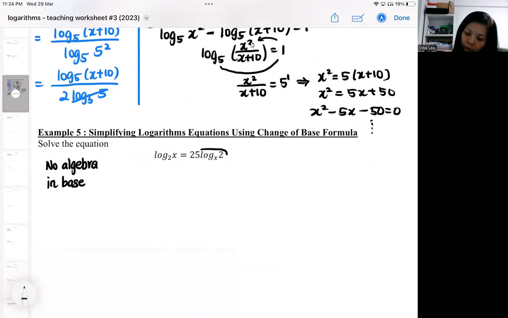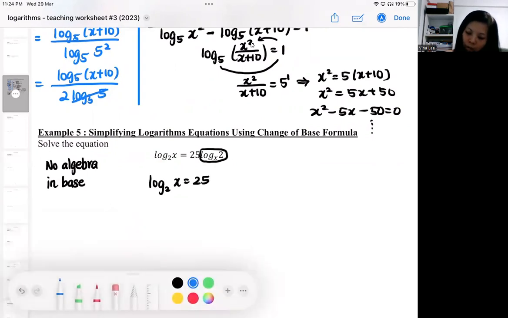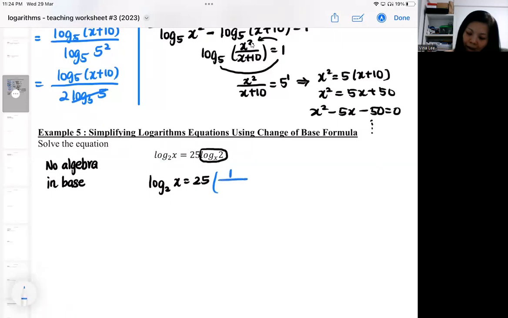I'm actually going to apply formula number 2. If you still remember, what does formula number 2 do? It makes it into a fraction, but I can flip the position. Can you see? I'm using formula number 2.